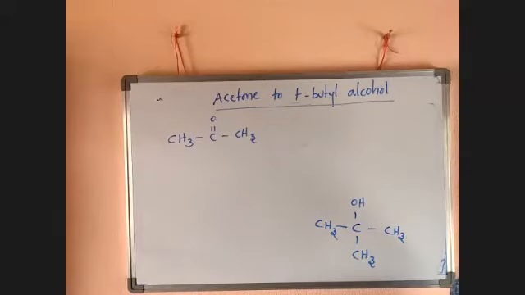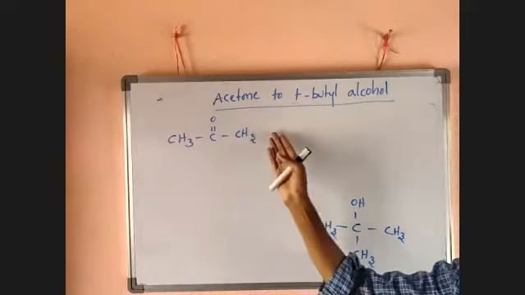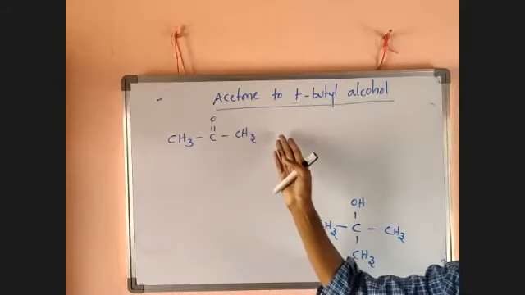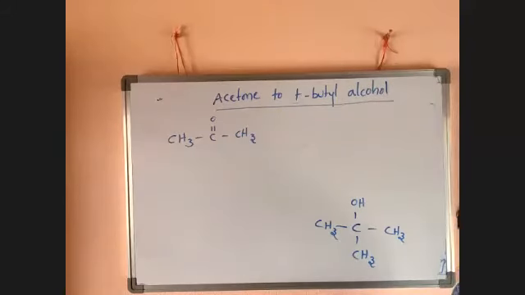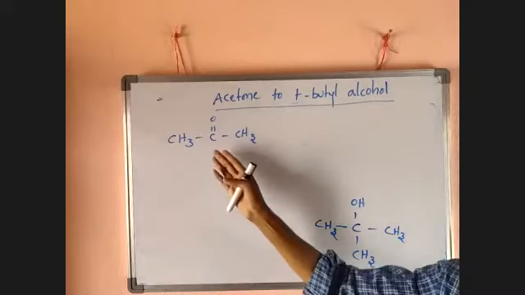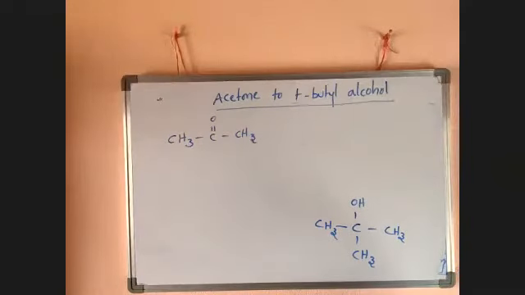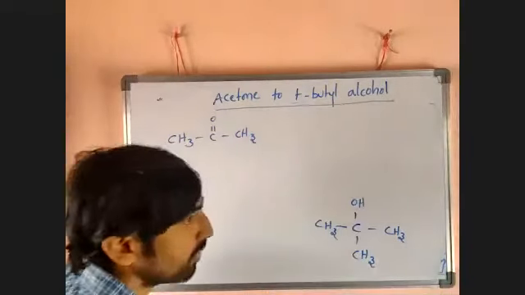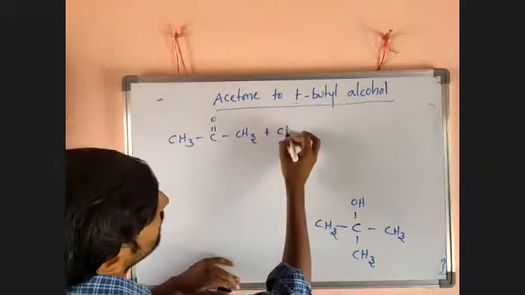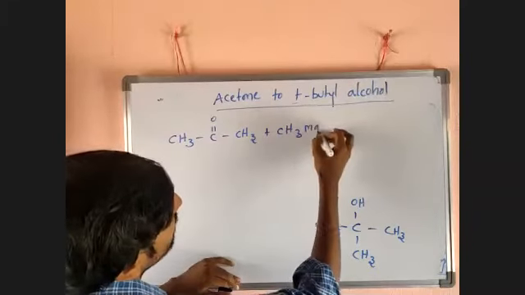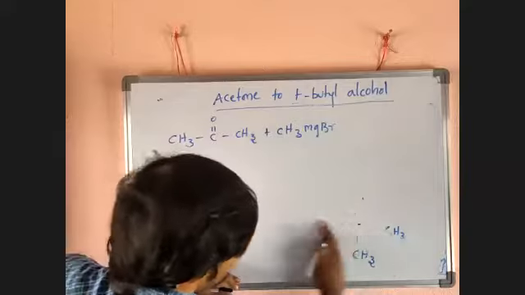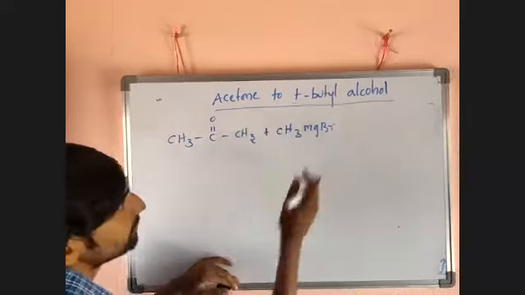Here I want to take Grignard reagent because there is no chance of KCN reacting here. The difference between reactant and product is only 1 carbon, so I want to take Grignard reagent with 1 carbon, that is CH3MgBr.